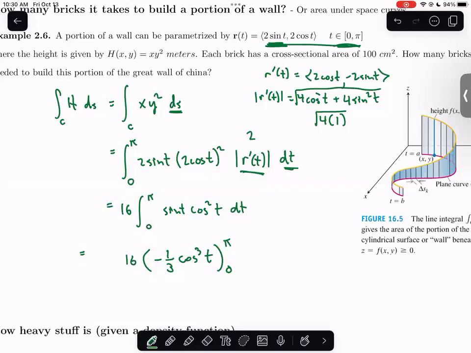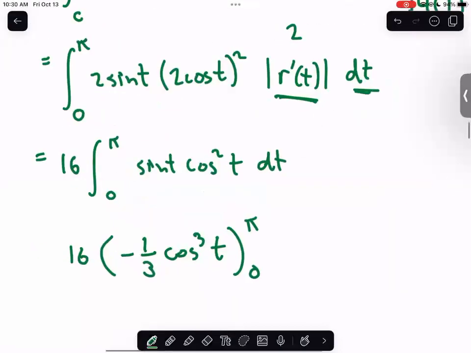Question, yes. Negative 1/3. Well, why is it negative 1/3? So basically I'm thinking about this as u squared, and u is my cosine, and then the derivative of cosine is negative sine, right? So it's going to be off by a negative, so that's why I had to include the negative there.